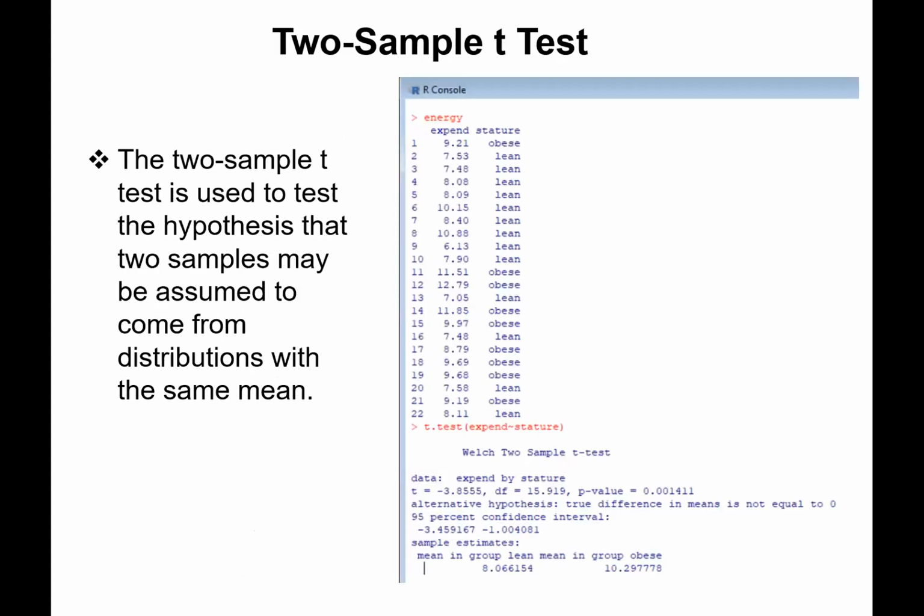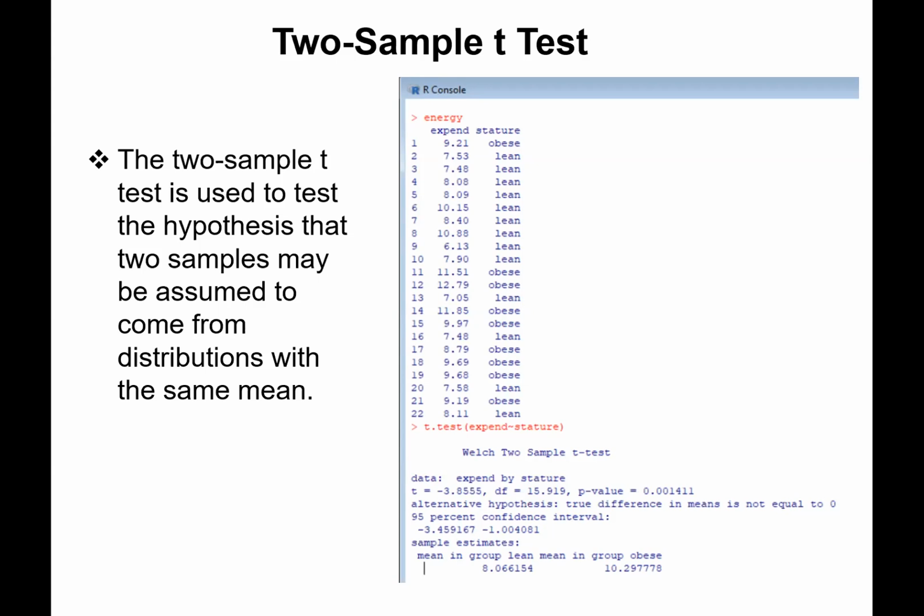I think the two sample t-test is more common. For example, when I want to compare two groups, like the patients and healthy people, with the two sample t-test we can test the hypothesis that these two samples come from the same distribution.